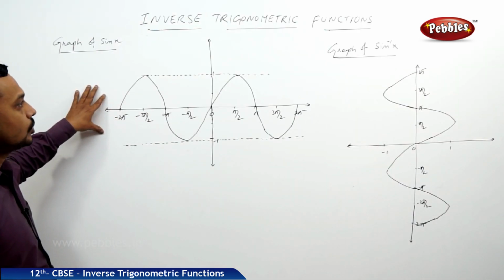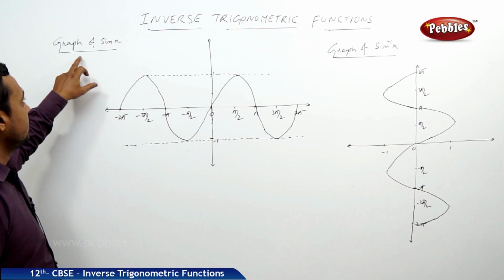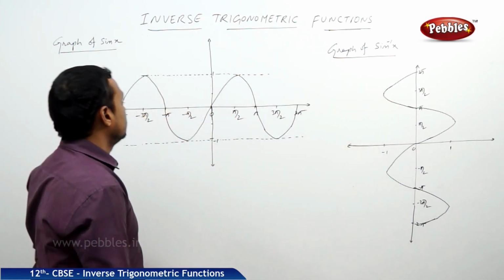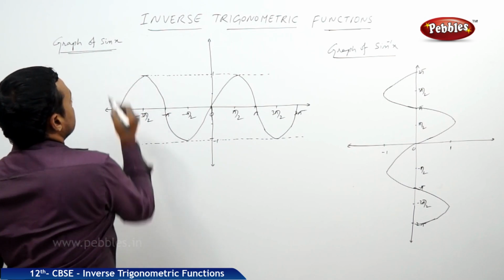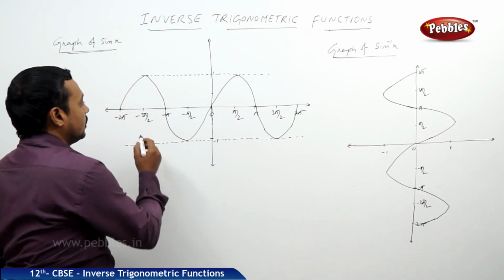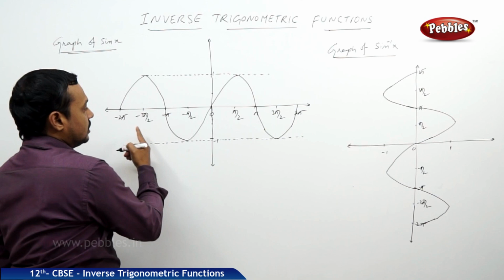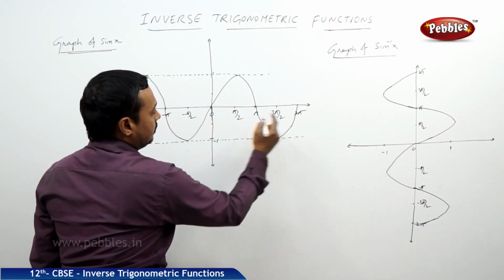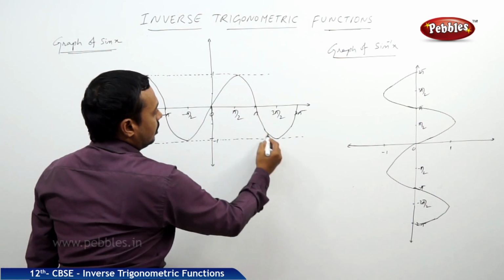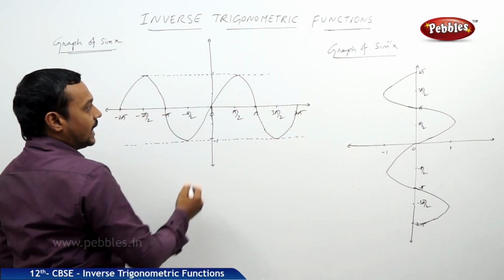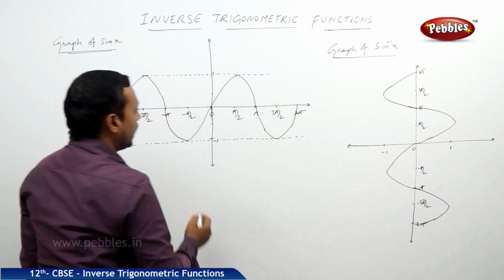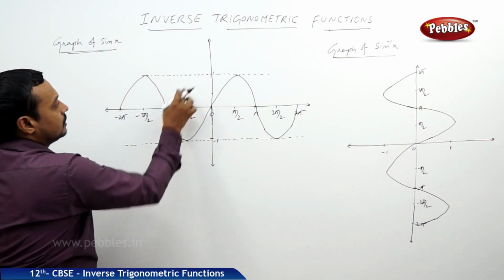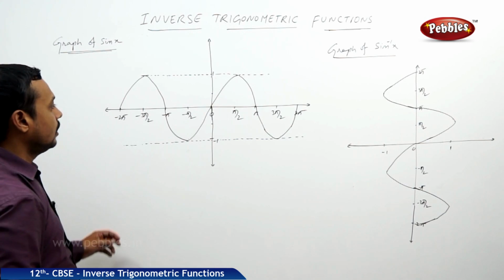Here we have two graphs. One is the graph of sin x and the second one is the graph of sin inverse x. See the graph of sin x, it is already known to you. The graph of sin x between 0 to 2 pi is a curve lying between minus 1 to 1, and between minus 2 pi to 0 it also lies between the same minus 1 to 1.